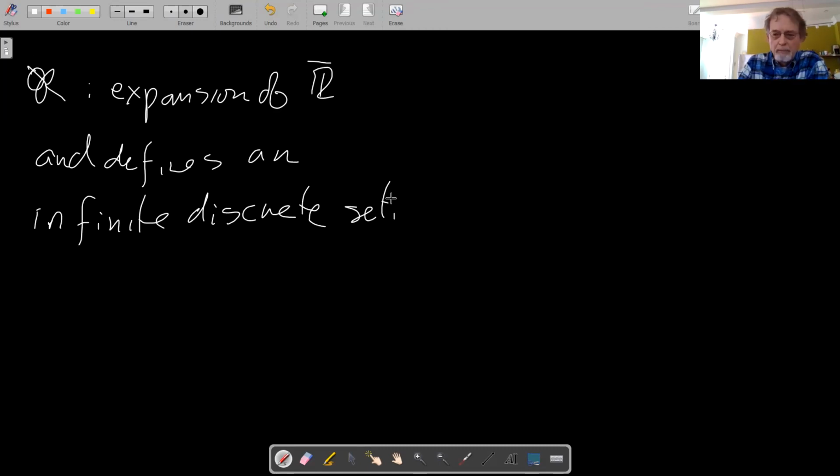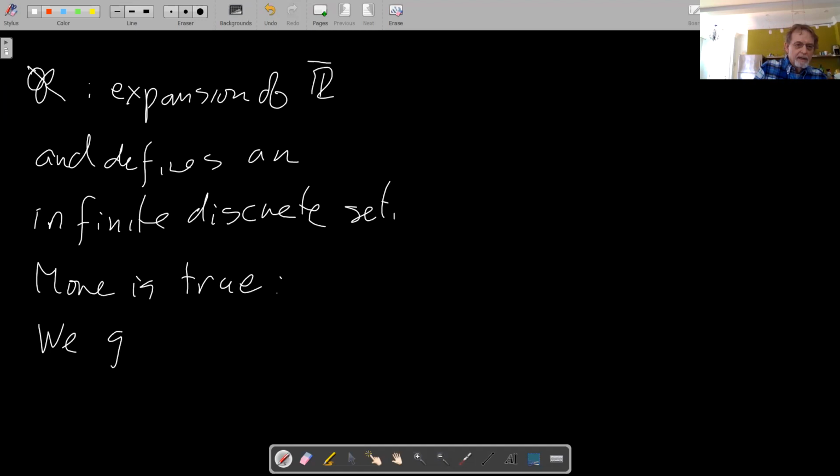Now, the set of midpoints of the complementary intervals of the Cantor set is an infinite discrete set. And there's lots of infinite discrete sets that we can't quite do what we want with. But in fact, more is true. This was worked out by various people, including one of my former students, but it didn't seem worth publishing because it was too easy, at least in this form.